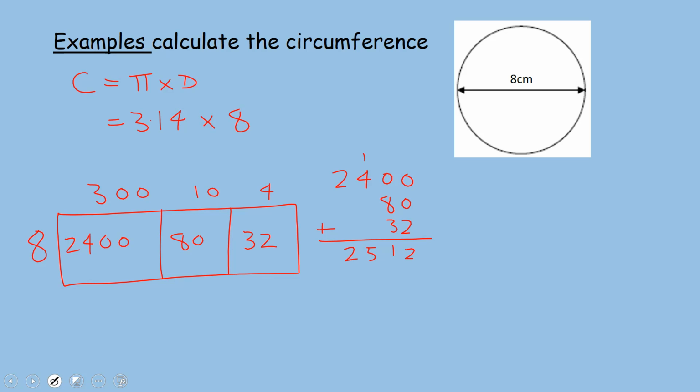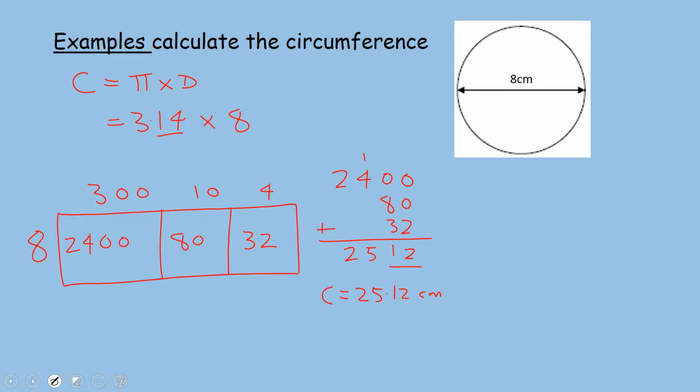Again, adding these up using our columns. Okay, so we've got a value here of 2,512. Again, let's think about these two numbers after the decimal point in the question. So we've got two numbers after the decimal point in the answer. So the circumference is 25.12 centimeters.